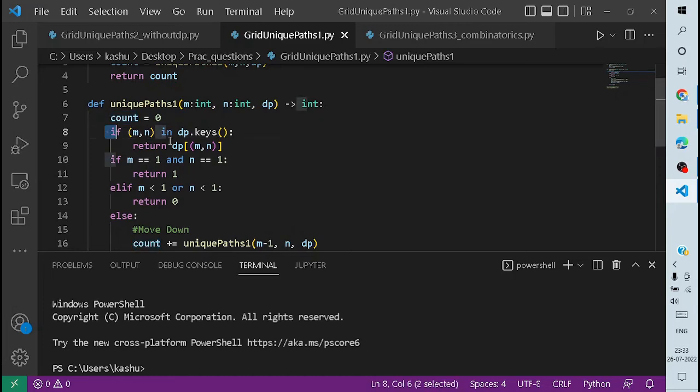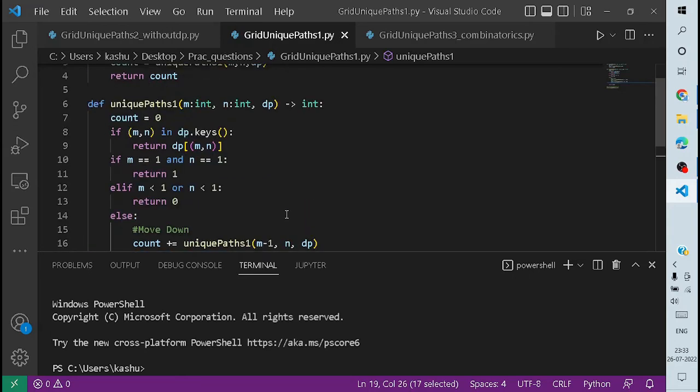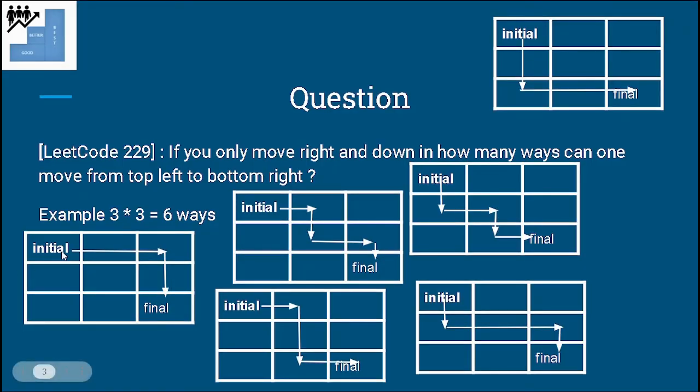Now let's understand the significance of these two lines. This is basically when I've done the calculation for m equal to 1 and n equal to 1, I would not have to do it again. Let's say I did the computation for this path, right? Now when I'm doing the computation for this path, I already have the solution for 1 comma 1.